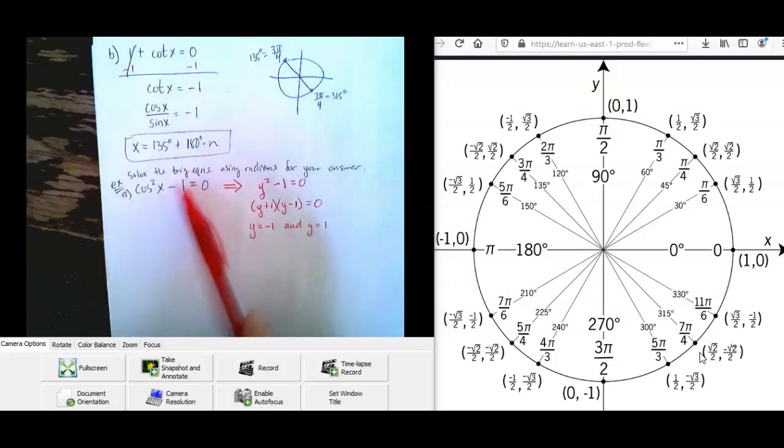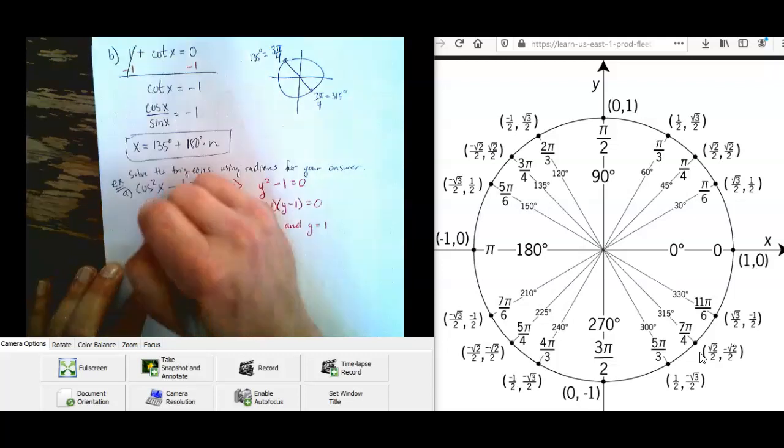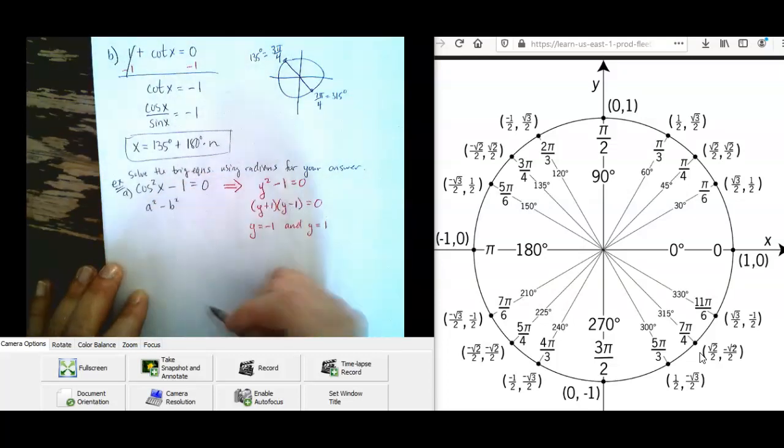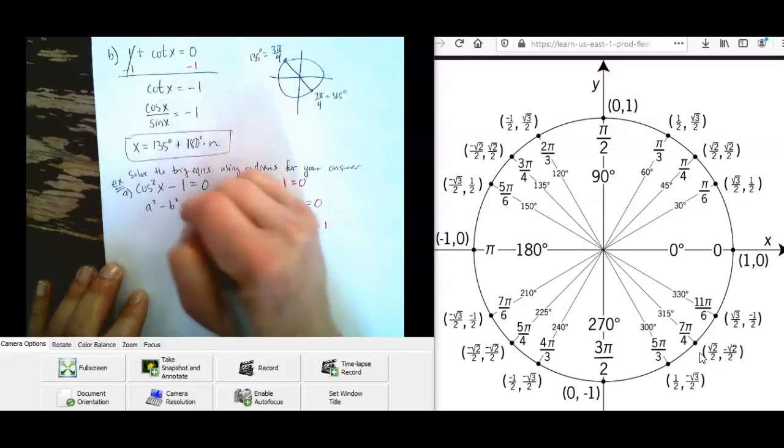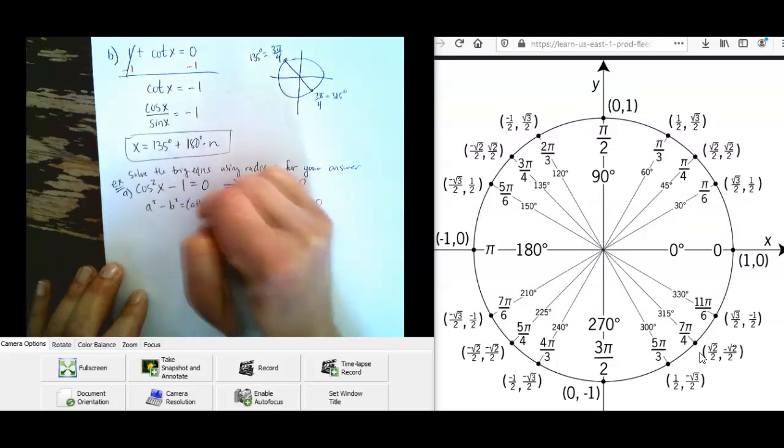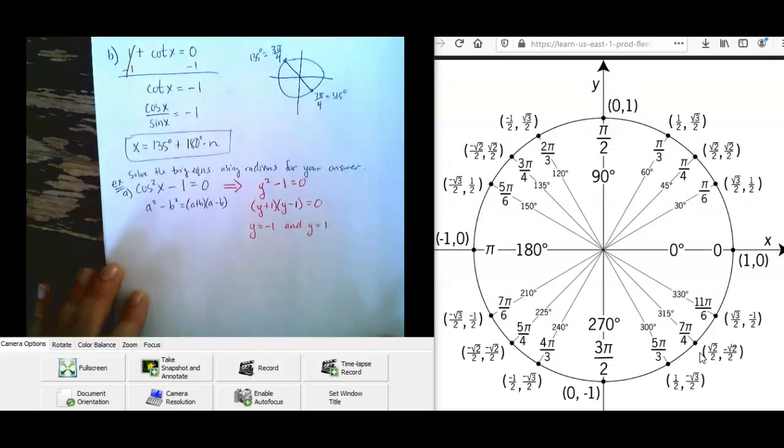For our trigonometric equation, we can do the same thing. Notice that this is something squared minus something squared, right? So we're using the formula like a squared minus b squared. This will factor into a plus b times a minus b. It's our difference of squares formula. So what's our a? Cosine squared, so a would be cosine.